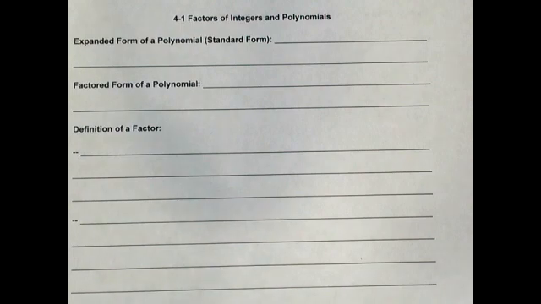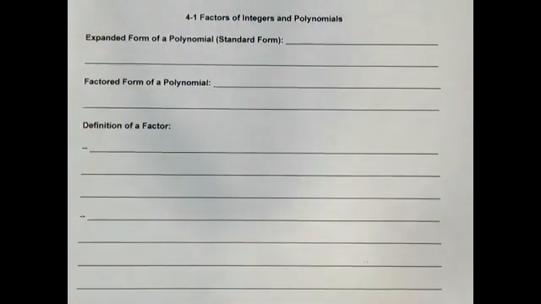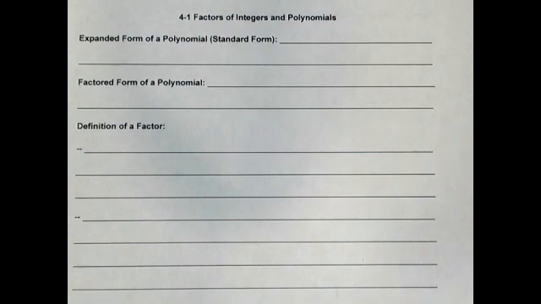As a quick review before I do any definitions, back in Algebra 2, you did talk about degrees of polynomials. That degree is always found by looking at the term with the highest exponent of the polynomial.